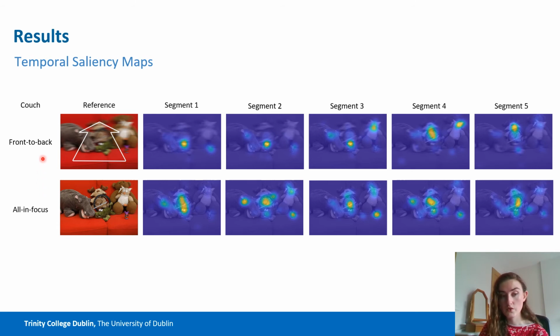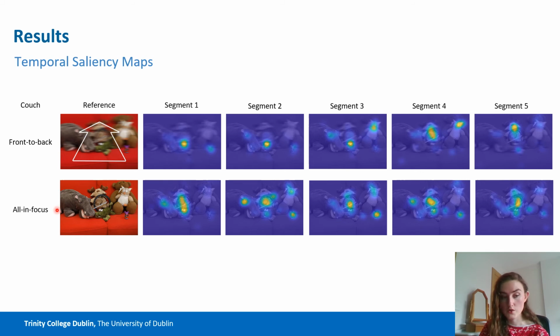In the front to back rendering, the line of focus goes from foreground to background, and the saliency maps over the 10-second video reveal that participants tend to look at regions that are in focus and move to the objects of the scene as they come into focus.